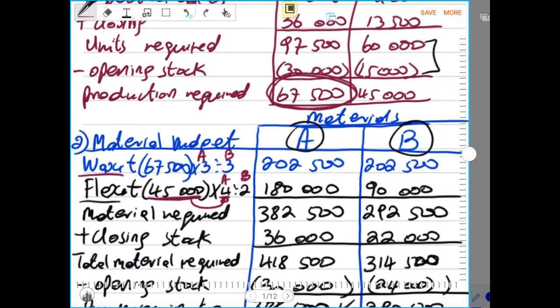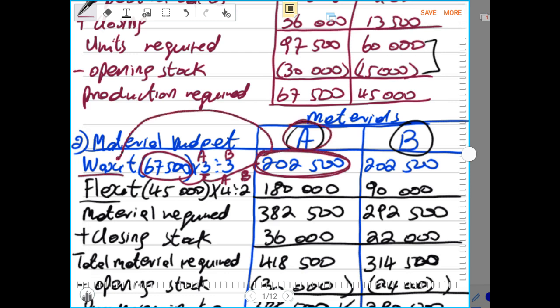Then I did the same thing with regard to product Waxit. We said we need 3 kgs per unit, and we require to produce 67,500 units. 67,500 multiplied by 3 gave us 202,500. It means we need 202,500 kgs of material A to manufacture product Waxit.